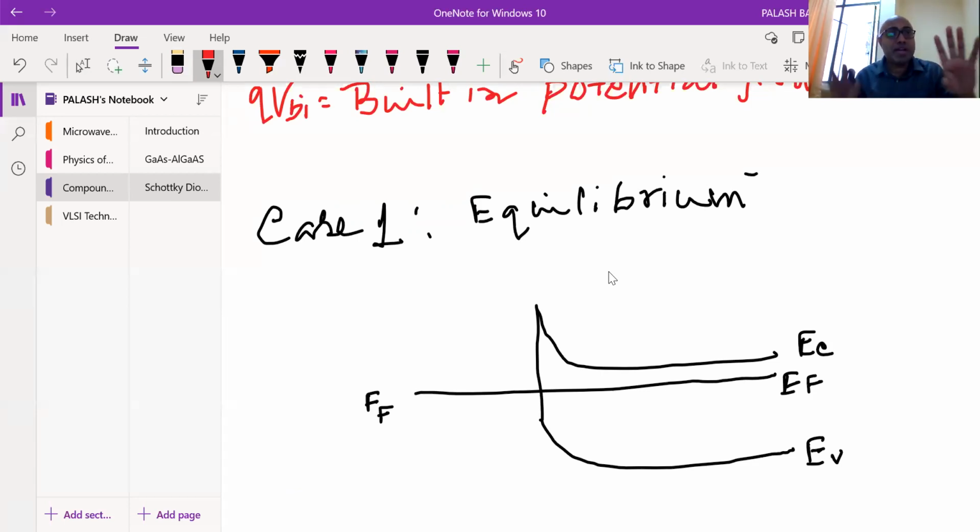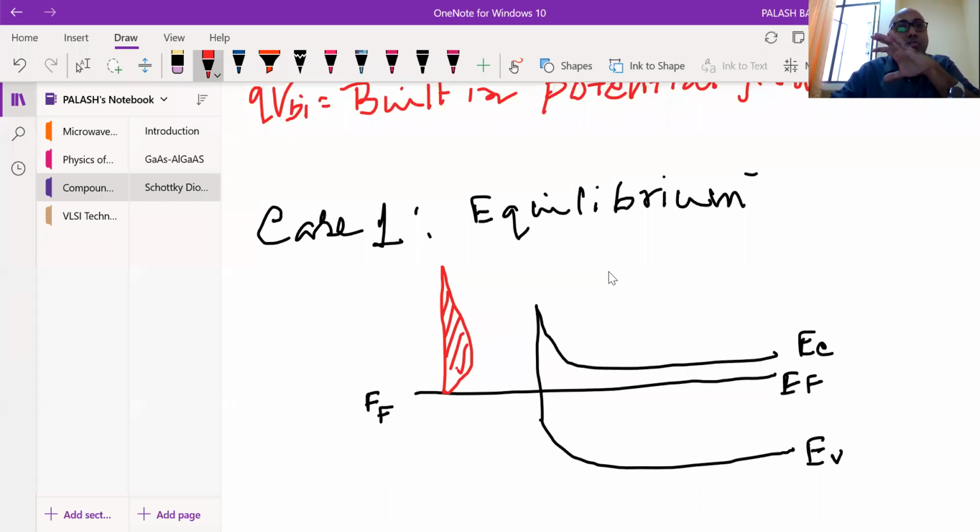When you have a density of states and a Fermi level, when you multiply, you will get the carriers, right? So let us draw the carriers in the semiconductor side. It would be like that. If you recall, this would be the carriers.